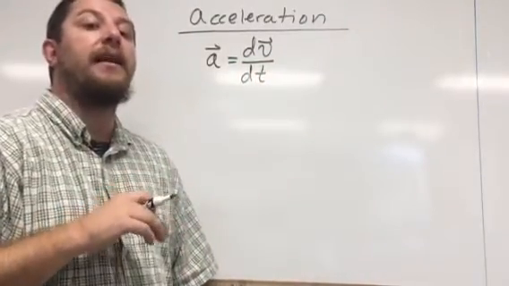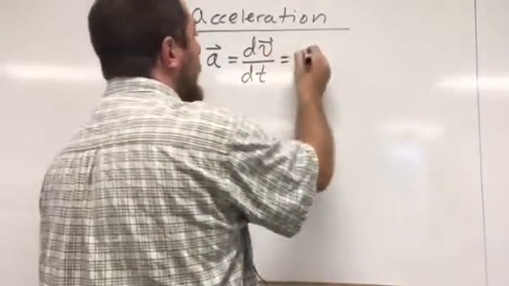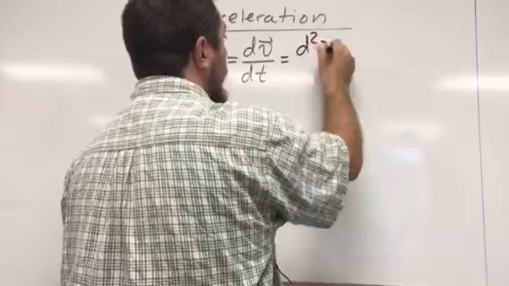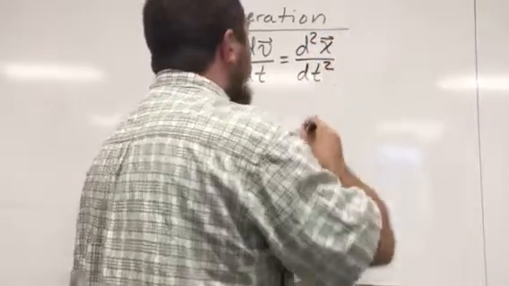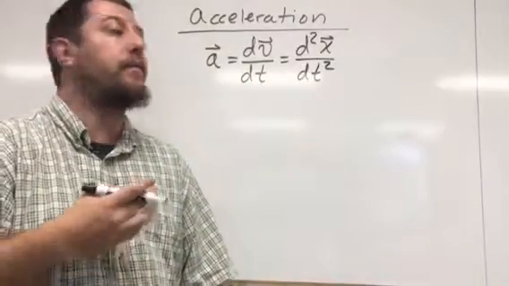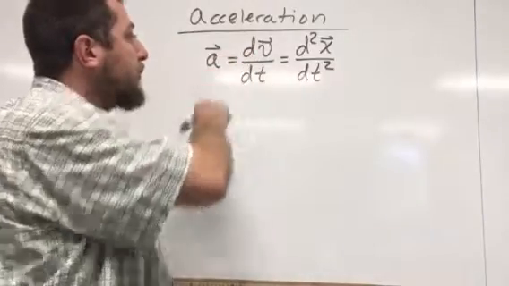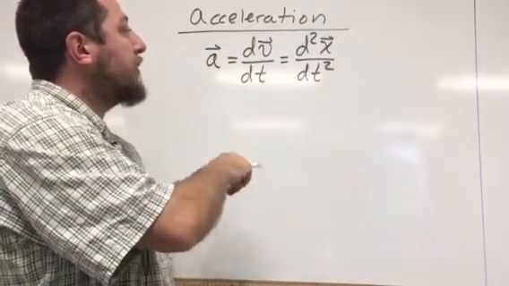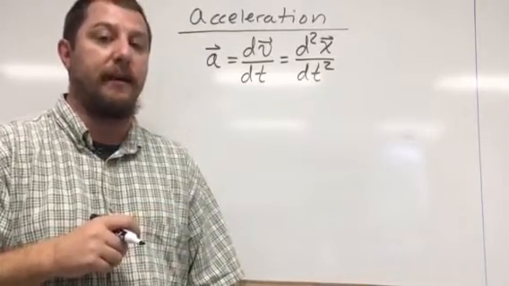Because velocity is the derivative of position, then acceleration is equal to the second derivative of position with respect to time. And so all of these definitions represent equivalent expressions. The acceleration is equal to the first derivative of velocity with respect to time, or it's equal to the second derivative of position with respect to time.